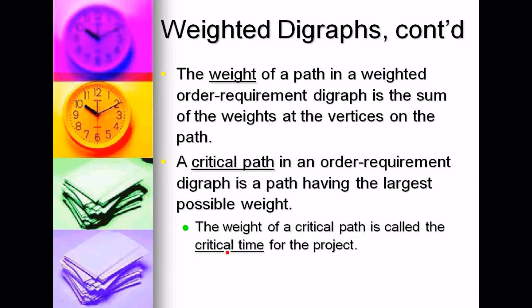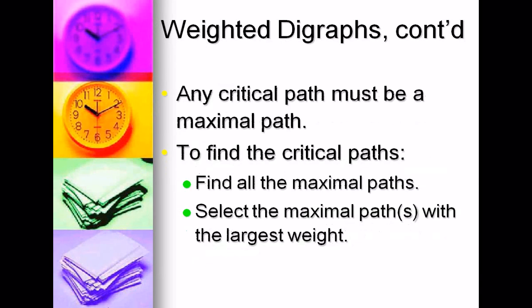So the weight of the critical path is called the critical time. So any critical path must be a maximal path. And the way to find your critical path is to find the maximal paths and find out which one has the largest weight.